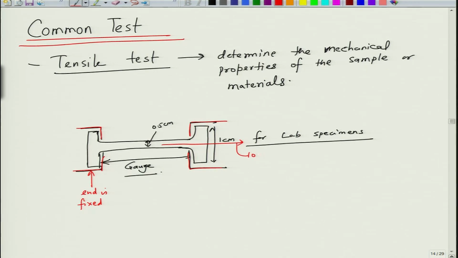So, this is load and this is the moving part. As a result this will stretch. So, after a while the material may become like this. It is not to scale, but it will become longer.